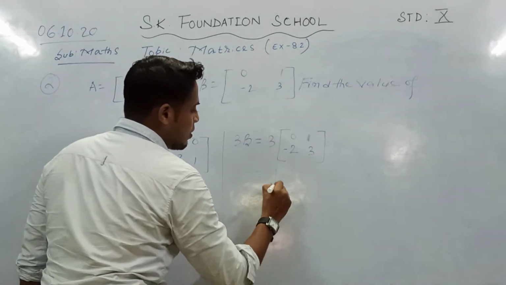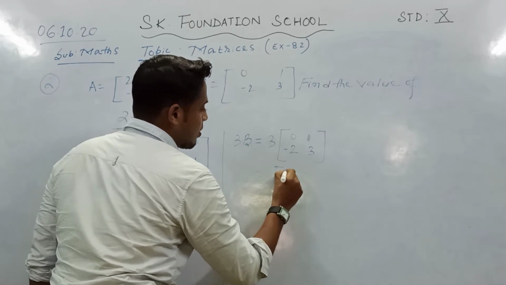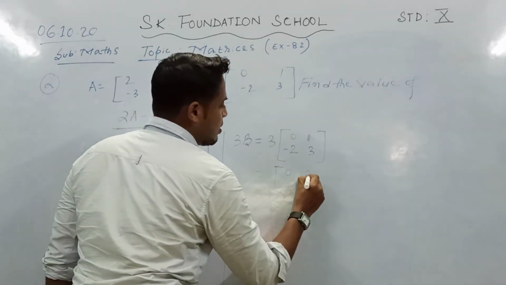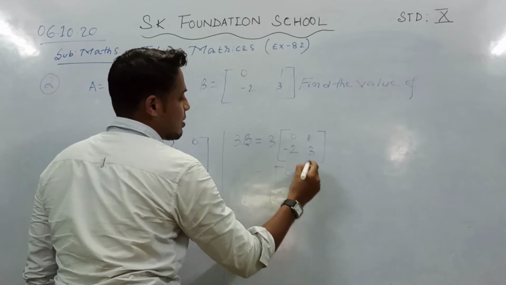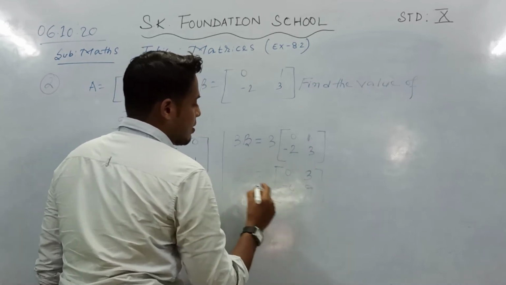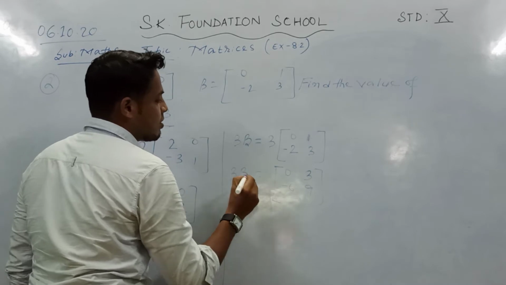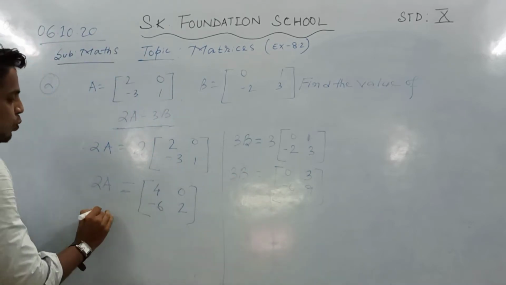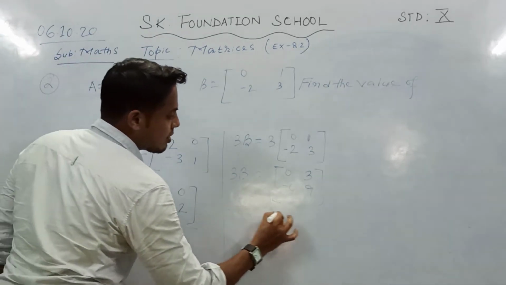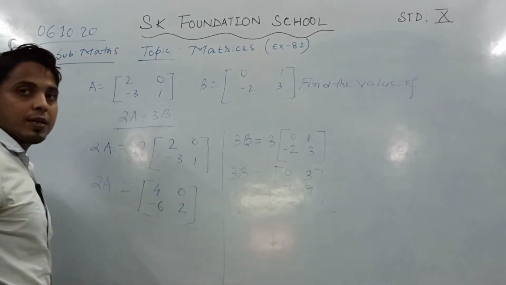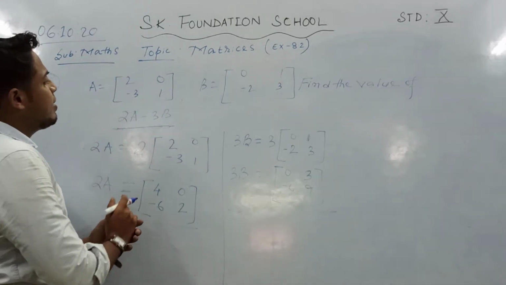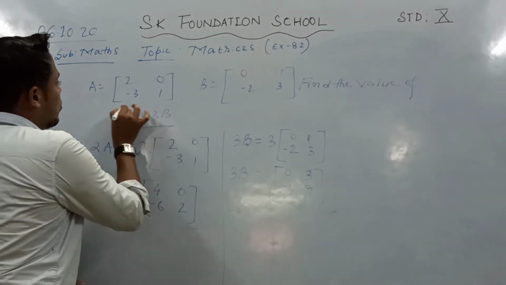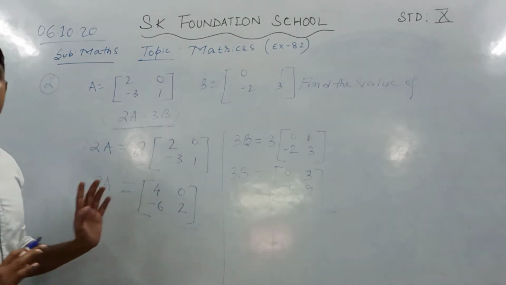So 3 into 0 is 0, 3 into 1 is 3, 3 twos are minus 6, 3 threes are 9. So this is the value of 3B. This one is 2A, this one is 3B. Okay, clear?